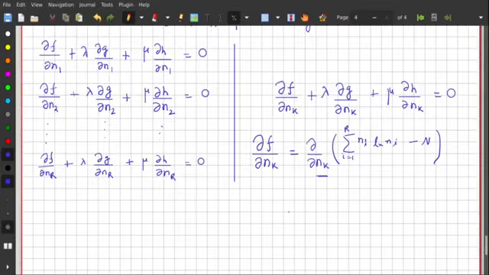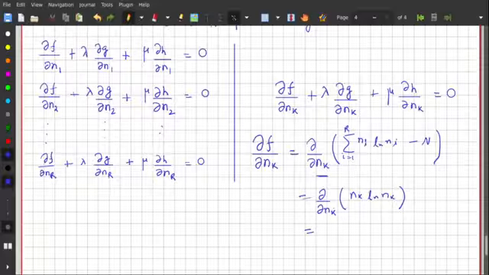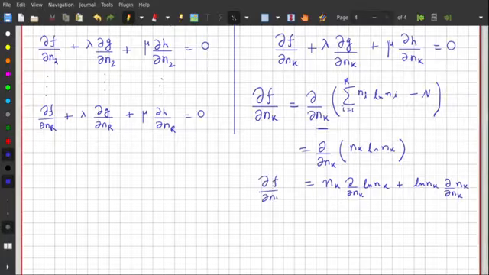So what this will become is partial with respect to nk of n sub k log n sub k. Okay, and now we can use the product rule of derivatives. So nk as it is times the derivative of log nk, plus log nk times the derivative with respect to nk of nk itself.